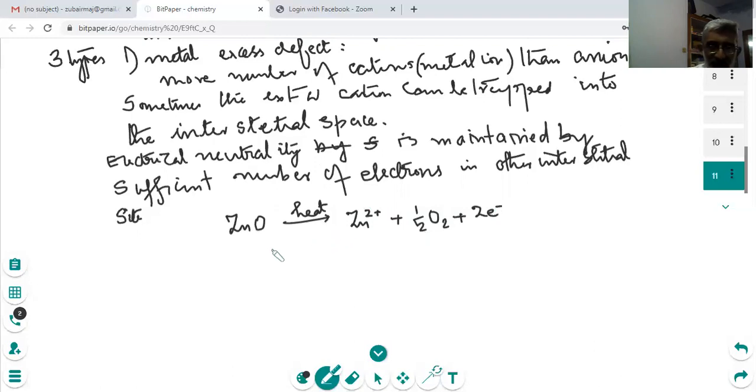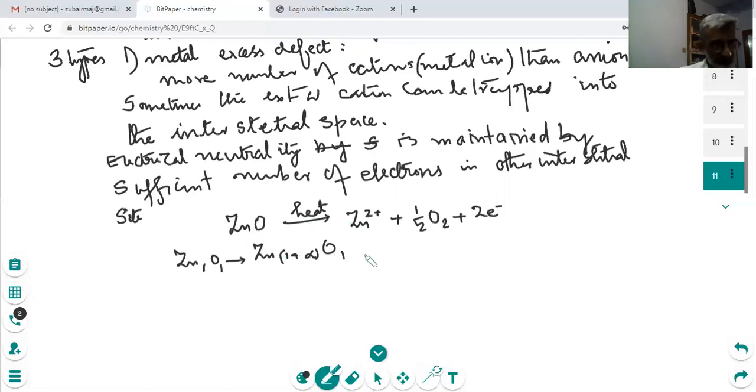Now the crystal will have a new formula, Zn(1+α)O. Alpha is a fraction which is converted into Zn2+. That means the ratio of the metal has increased. ZnO has changed from Zn1O1 to Zn(1+α)O1, increased by a small fraction.